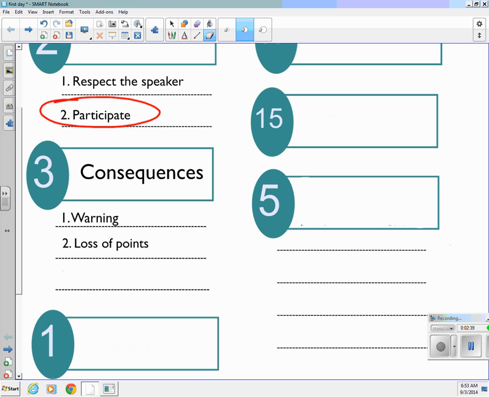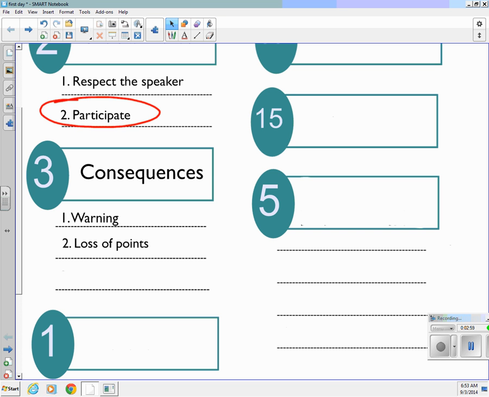The second consequence would be some loss of points. We're going to talk about participation, and you're going to be evaluating yourselves on participation in a rubric. In that rubric, I'm going to ask you a series of questions about your classroom participation, and you're expected to answer honestly.